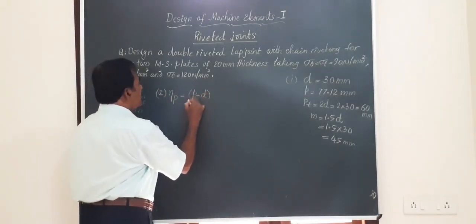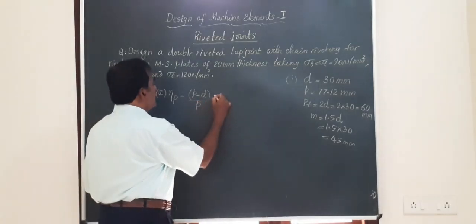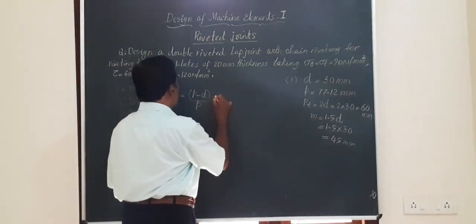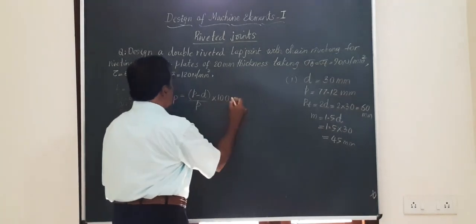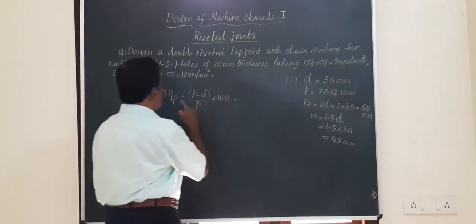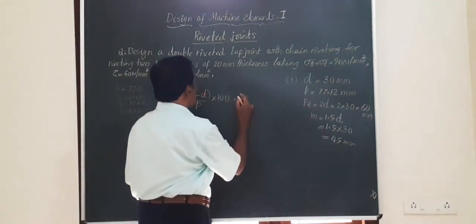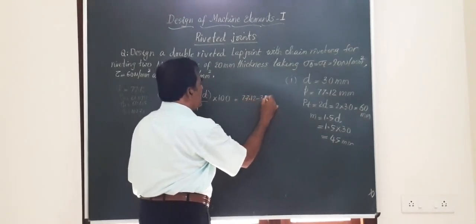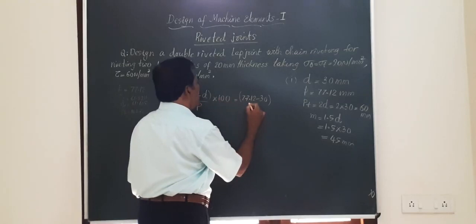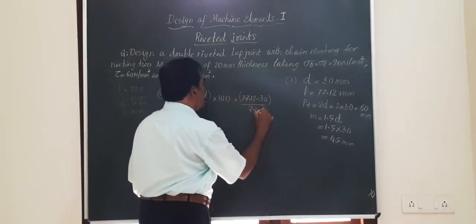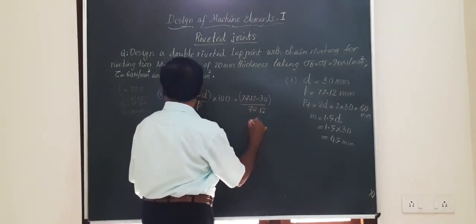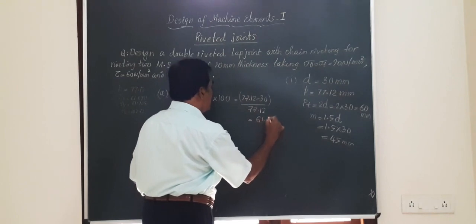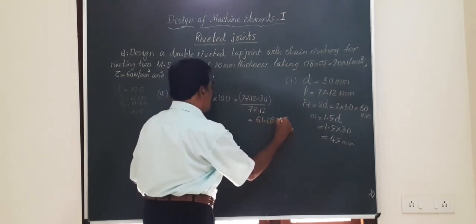This is (P minus d) by P, and this is to be multiplied by 100 as usual. So if you substitute, P is 77.12 minus 30 diameter, divided by this P, 77.12, and this works out to 61.0991.